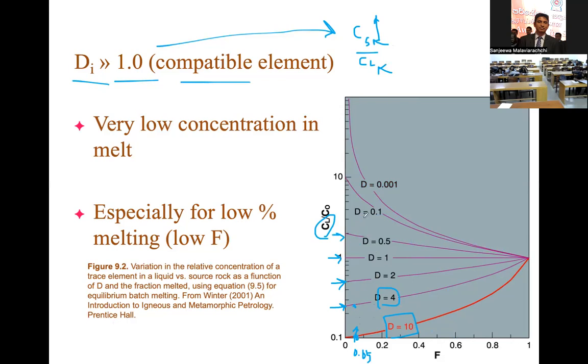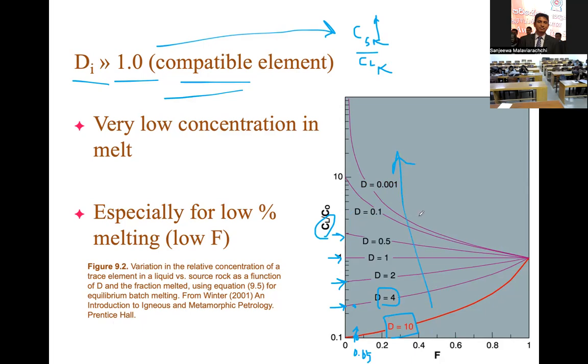Like that, we can keep on decreasing the partition coefficient. For the compatible element, you will have very little amount in the melt if it is highly compatible. So increasing that way means you are decreasing its compatibility.